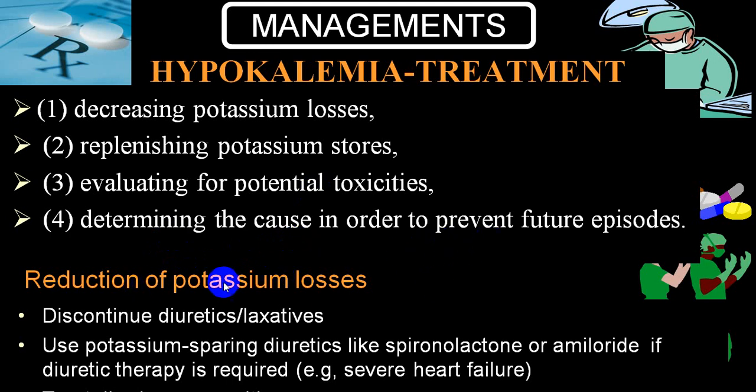To reduce the potassium loss, discontinue the diuretic therapy, laxatives, etc. If you want to continue with the diuretic, you use potassium sparing diuretics like spironolactone or amiloride. Because if the person has heart failure, you have to give diuretics, so combine with spironolactone. Treat diarrhea or vomiting, whatever is the cause of potassium loss.